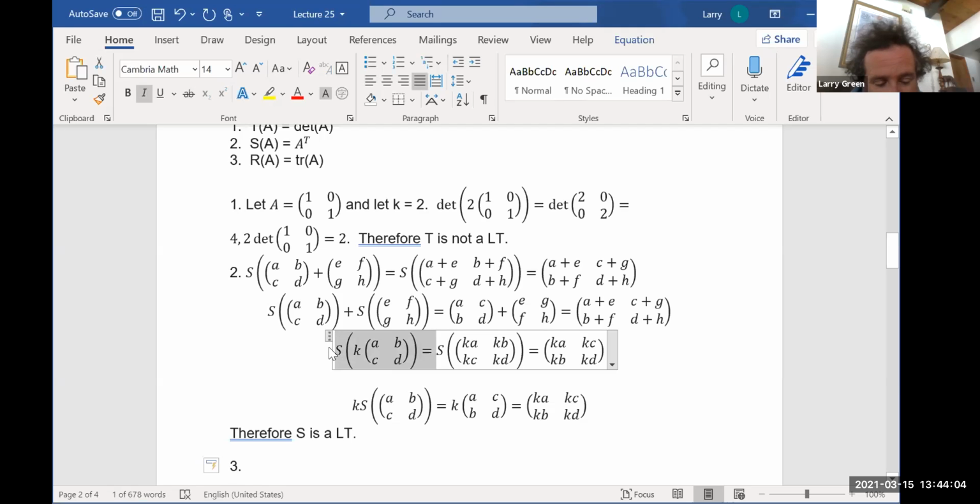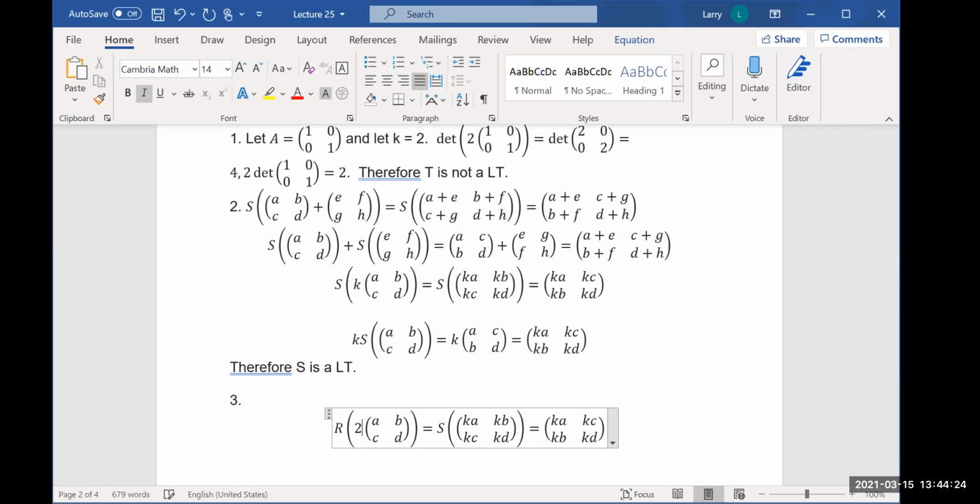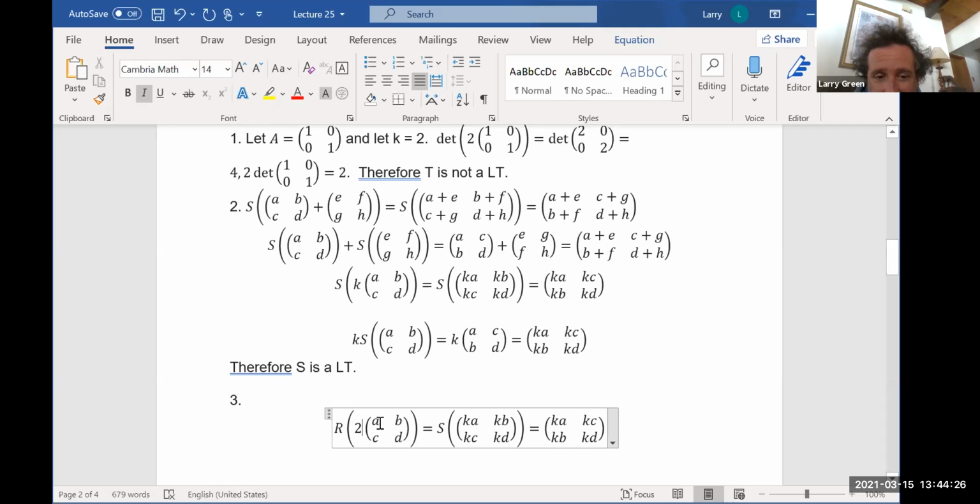It won't be S anymore, it'll be R, but I can copy and paste. So now we're looking at R. What do you want to use for K? 2. 2 it is.